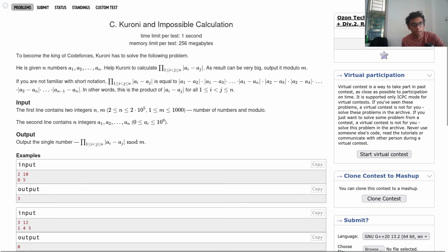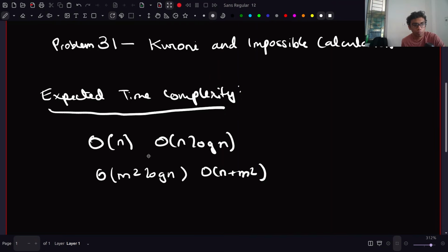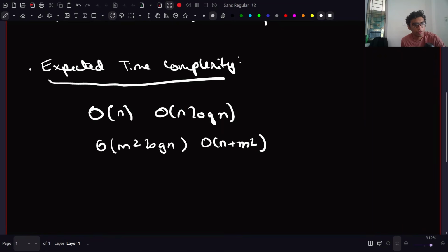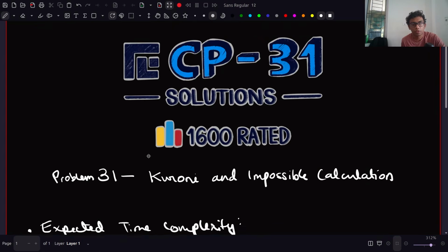M is weird here because usually modulos go up to 10 power 9, but here modulo m goes up to 1000. So you could think of some solution like O(m square log n), or maybe O(n plus m square). These could also be possible time complexities of what we are searching for, right?